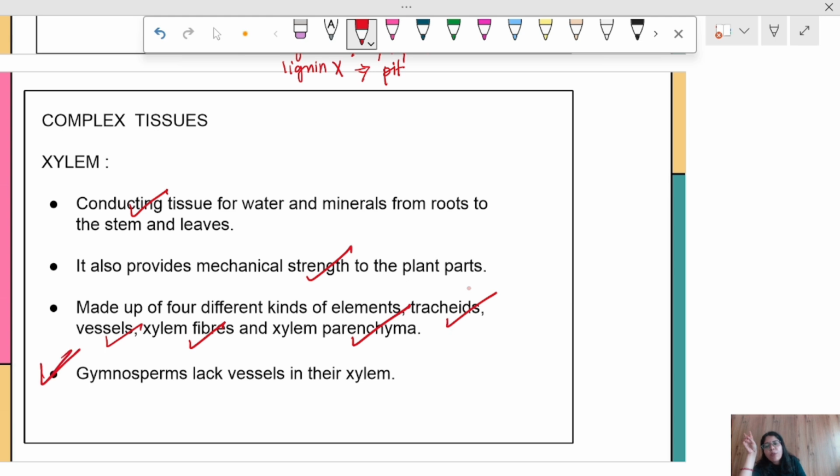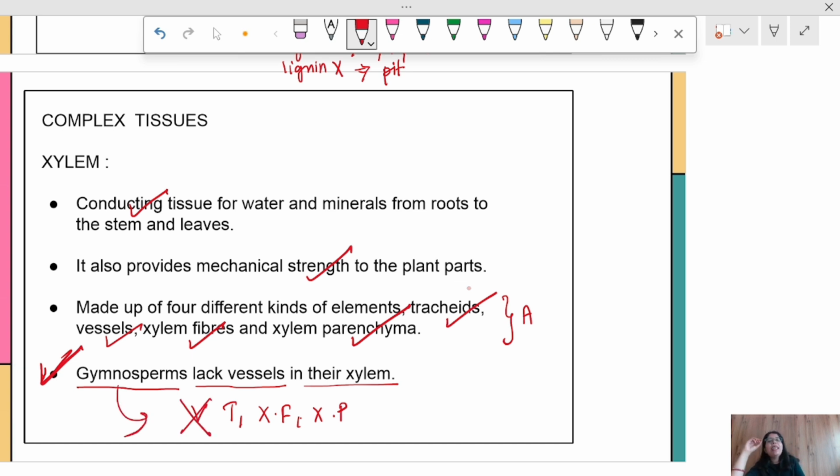And the most important point, please remember, gymnosperms don't have vessels, they absolutely lack vessels. Angiosperms have vessels, tracheids, xylem fiber and xylem parenchyma also. But gymnosperms only have tracheids, xylem fiber and xylem parenchyma. They don't have vessels.